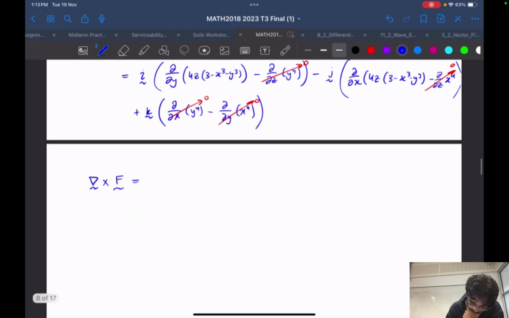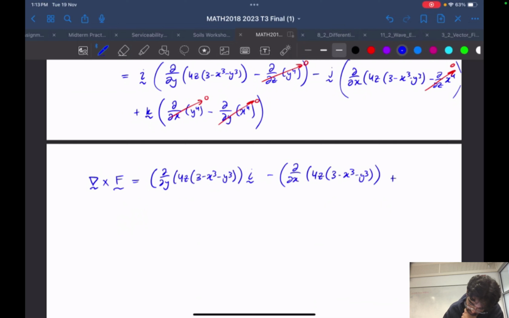And so if you were to find the curl of f, which is a vector by the way, the curl is a vector, the divergence is a number, you get delta on delta y, I'll just do it in terms of i, of 4z(3 minus x cubed minus y cubed) i, minus delta on delta x of 4z(3 minus x cubed minus y cubed) plus this j plus 0k.